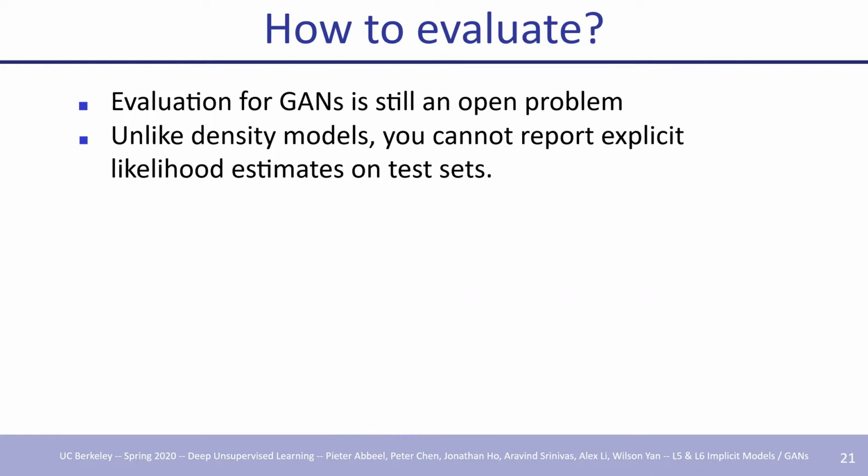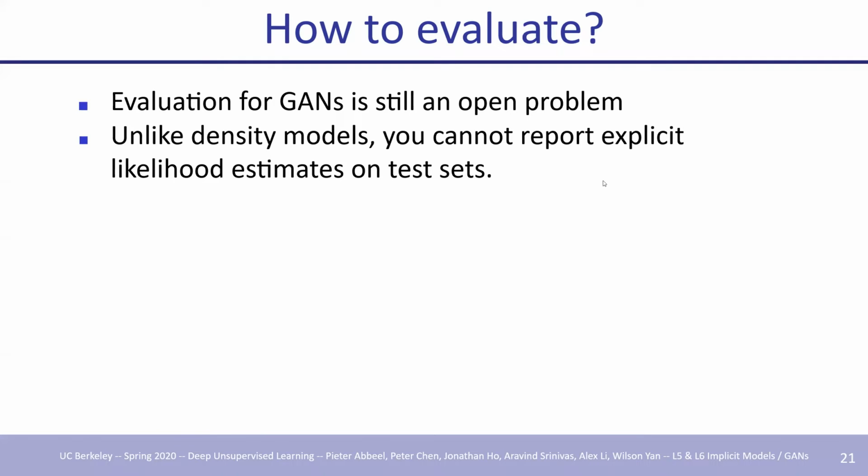Before, we could use nats or bits per dim, some sort of compression metric on the likelihood, to see how well the model was representing the data. But we can't here, because we don't have that likelihood model.